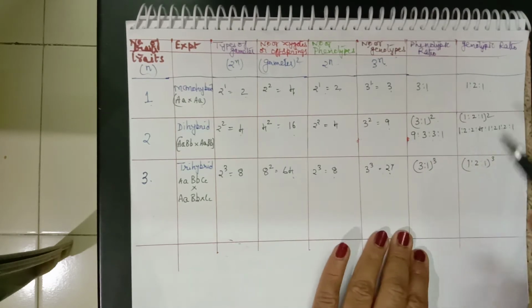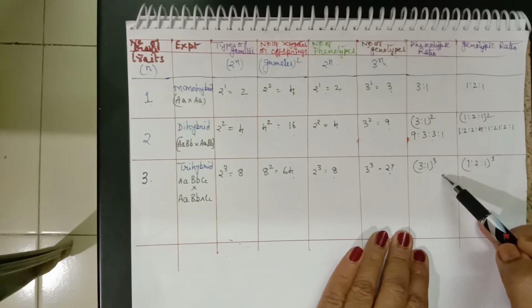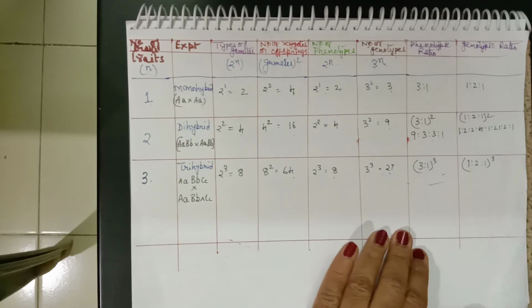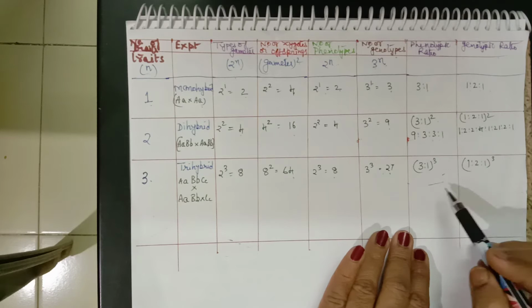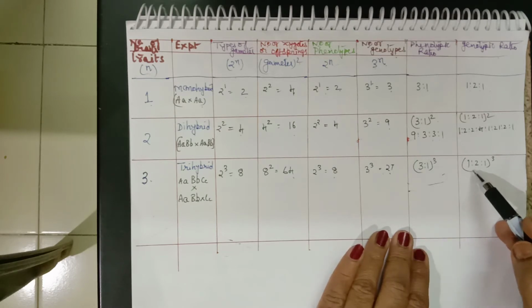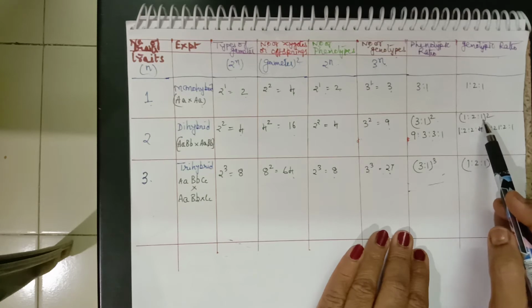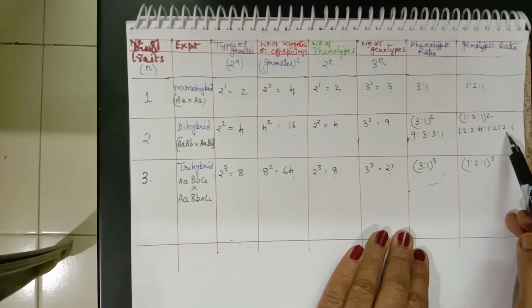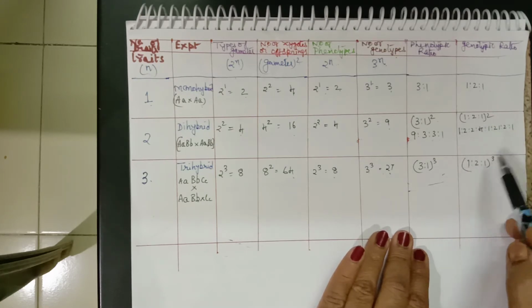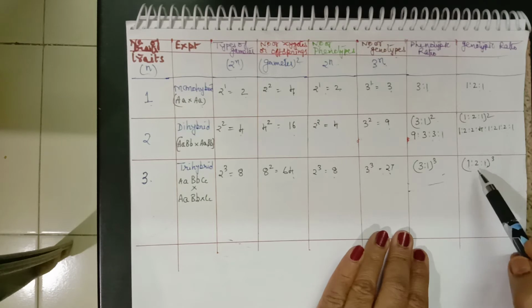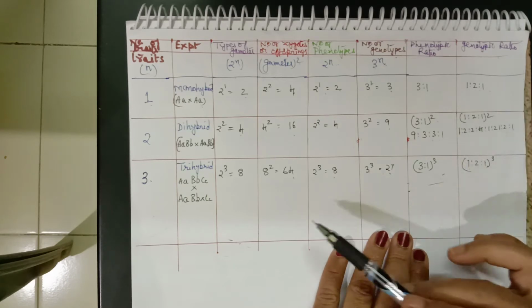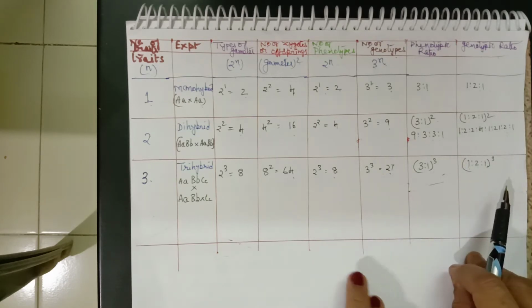Phenotypic ratio 3:1 to the power of 3. So this we can multiply, and you will get the number. You can do that. Similarly here 1:2:1 cubed. We already got the 1:2:1 ratio. If you multiply it by another 1:2:1, three times, then you can get the genotypic ratio of a trihybrid cross.